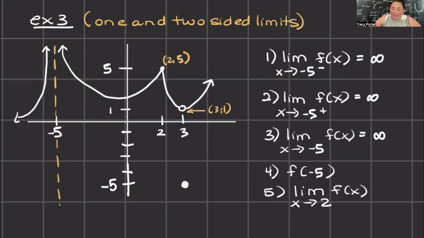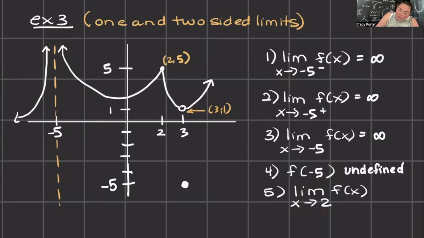Now, at -5, does this exist? At -5, remember, this is a vertical asymptote. So f of -5 is never going to actually take on a value. So we're going to say this is undefined. And then the last question, number 5, if you look at the limit as x approaches 2.